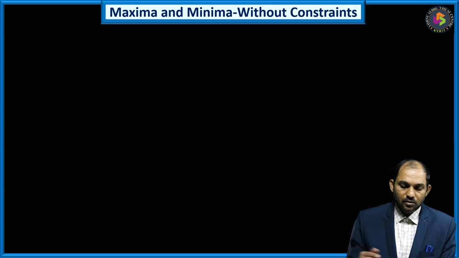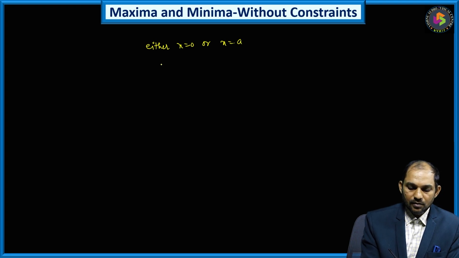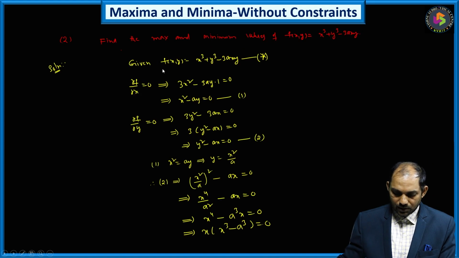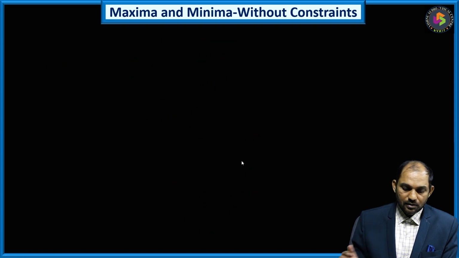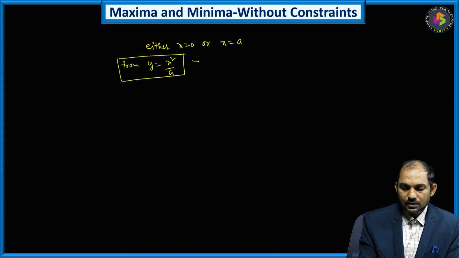So from this, you are going to have either x is equal to 0 or x is equal to a. When x is equal to 0, from the relation y is equal to x square by a, y is also 0.